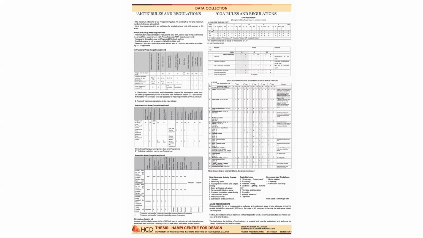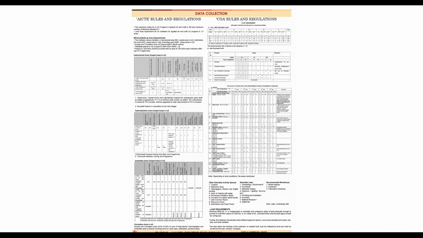As per these two councils, the main data like the room sizes, number of students, the area of the site, how much site area we need, the student to site area ratios, and how many students can be accommodated within the institute is all collected from AICTE as well as COA norms.